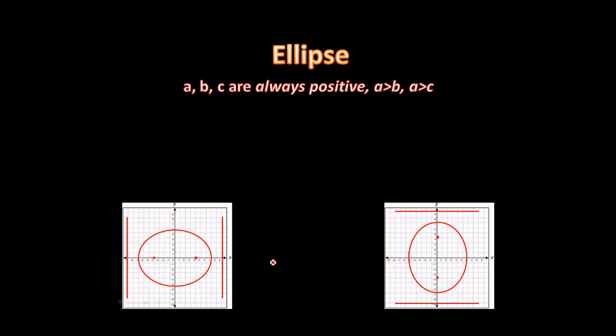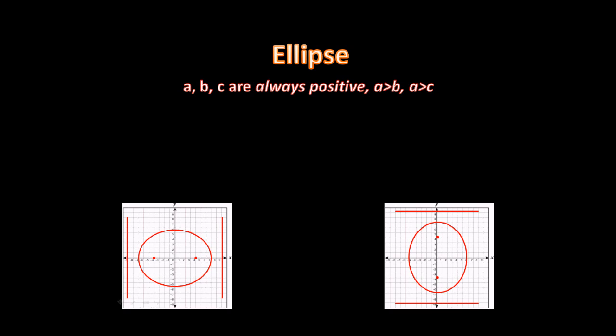Alright, so the ellipse is quite similar to the parabola. But of course you have more variables, a, b, and c. Once again, since a, b, and c are just measurements of distances related to an ellipse, they are always positive. But there are also two constraints for the values a, b, and c.